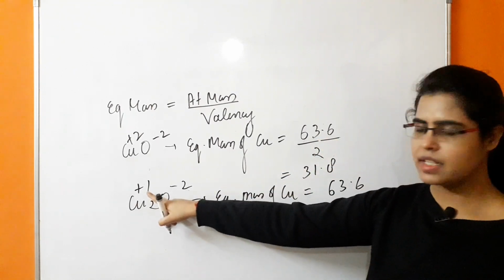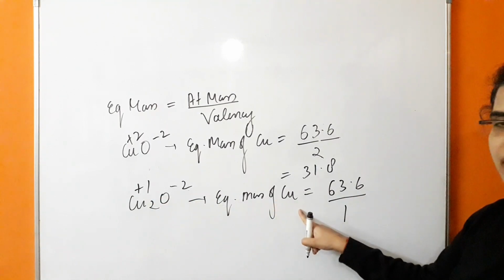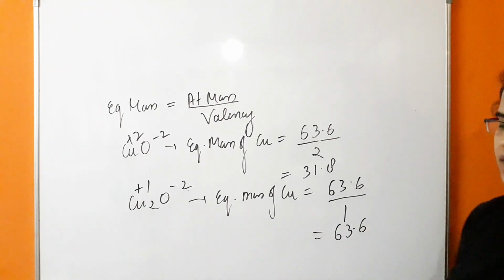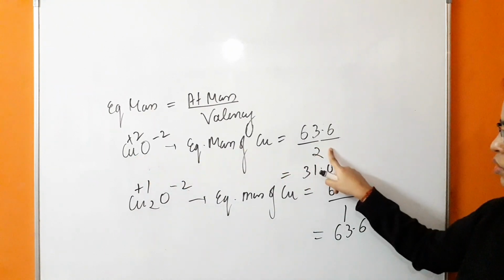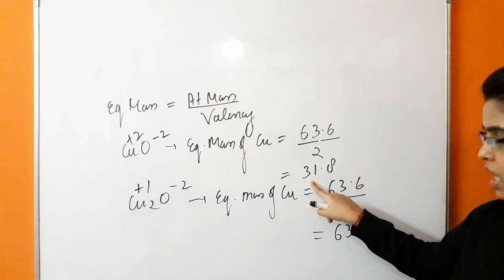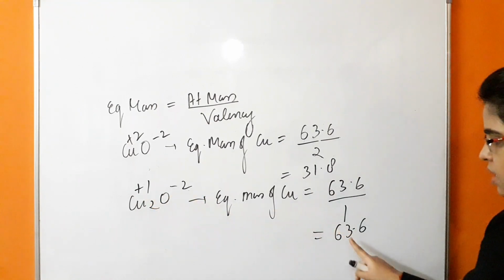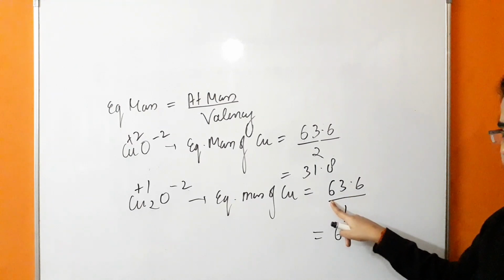In this case, the valency is 1, so divided by 1. So the equivalent mass of copper in cuprous oxide is 63.6. In cupric oxide, valency was 2, so the equivalent mass is half, whereas in this case the valency is 1, so the equivalent mass is the atomic mass of copper itself.